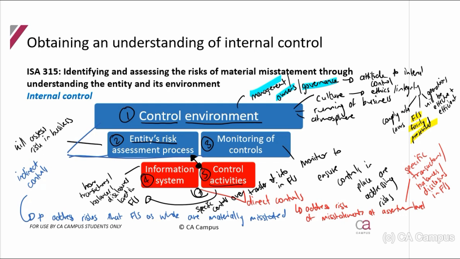And management must therefore continue monitoring the controls that were put in place, because those controls may no longer be addressing the risk that they were intended for, or an additional risk may have materialized. So it's very important that you see it as a congruent process.